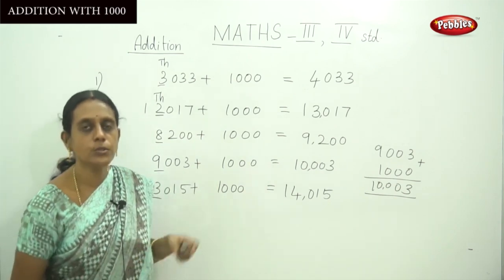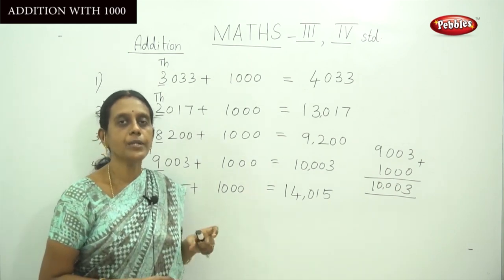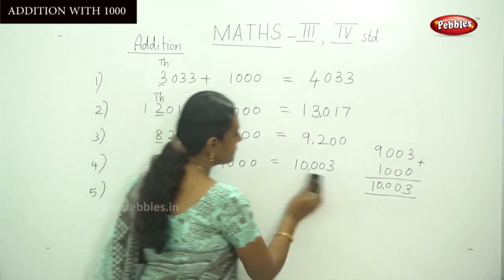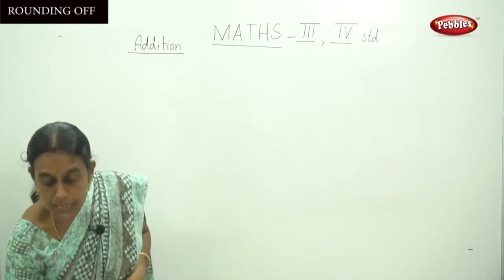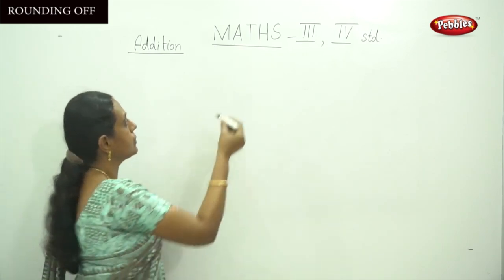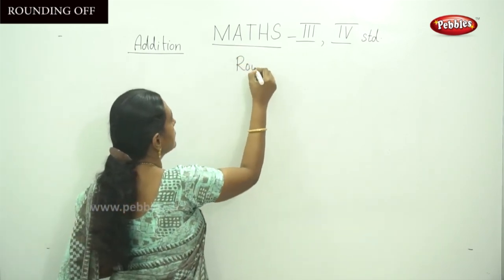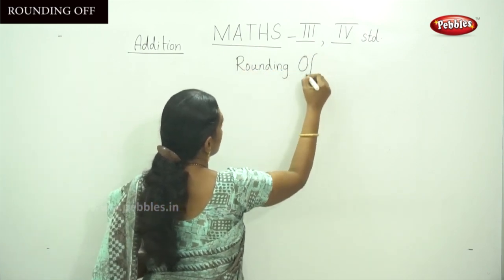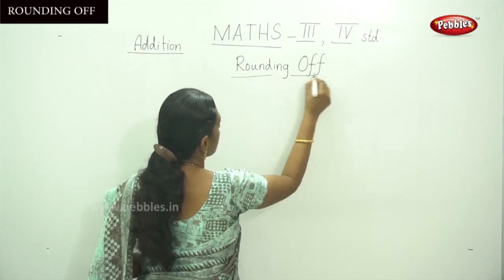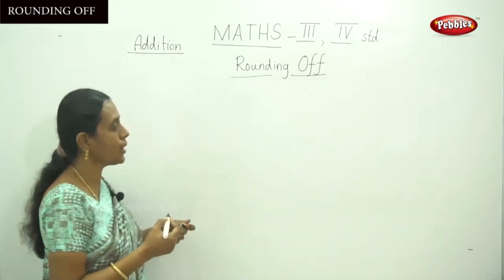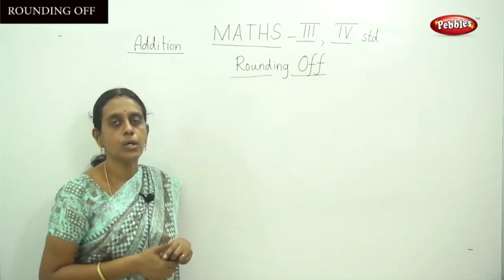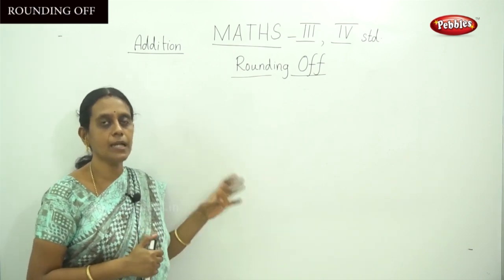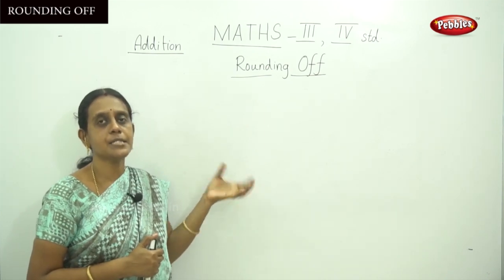Okay, let me move on to the next topic, that is rounding off. What is meant by rounding off? Our topic is rounding off. Because of addition of given real numbers, we have to estimate the number.